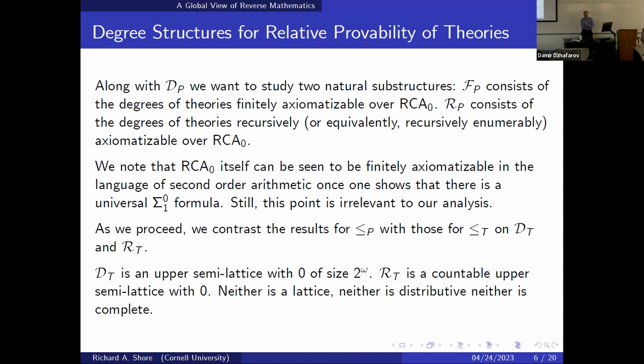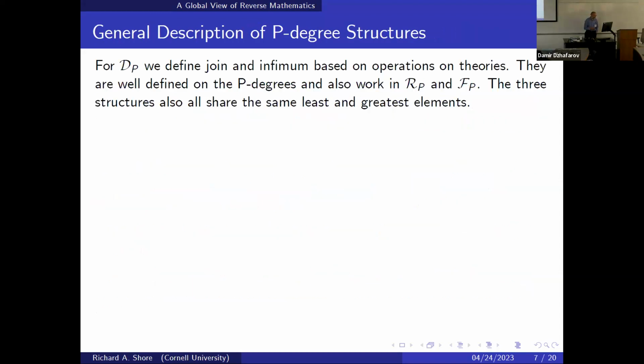It has a zero, has size continuum, and has a countable predecessor property. The RE degrees are countable, also an upper semi-lattice with the same zero. Neither is a lattice, neither is distributive. All the nice lattice theoretic properties fail, basically, that you think about.